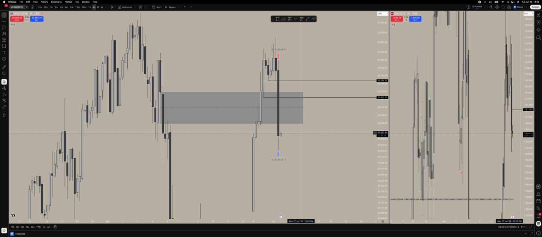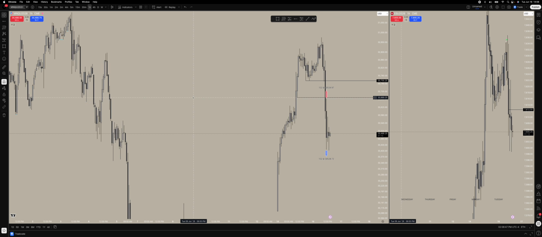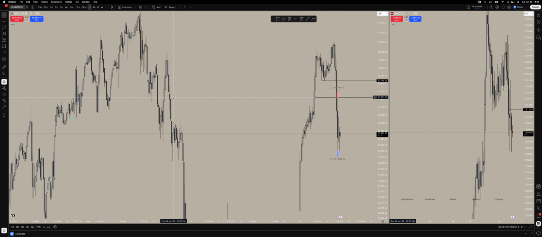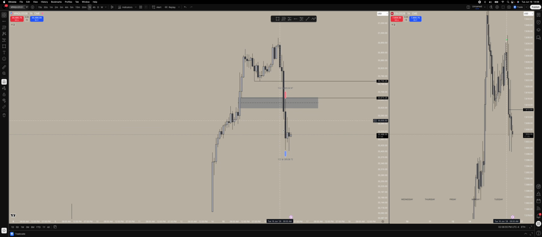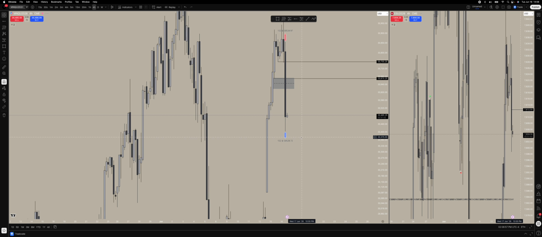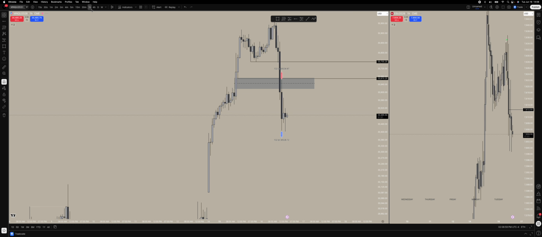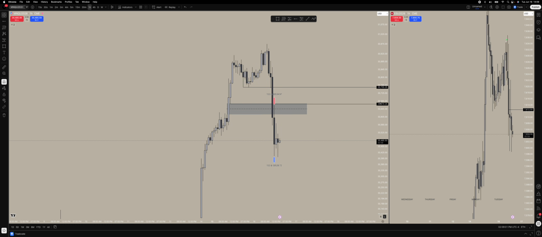I know we have NWOG to fill, but I wasn't really too convinced on longs, especially after inversing all of this, right? But in my head, I had a condition that if we inverse this hourly, I'll look for shorts to the 4-hour, which is exactly what I did, and that's kind of it. So you kind of have to hold conditions, right?